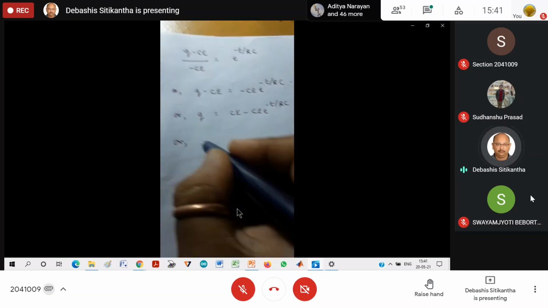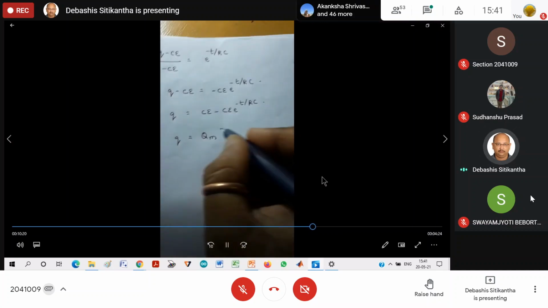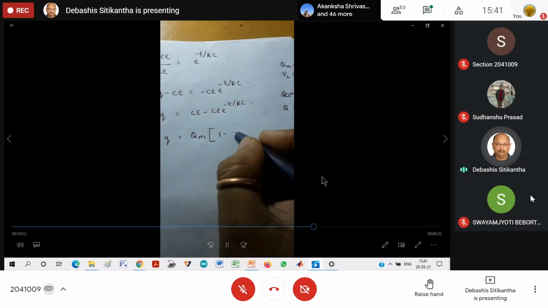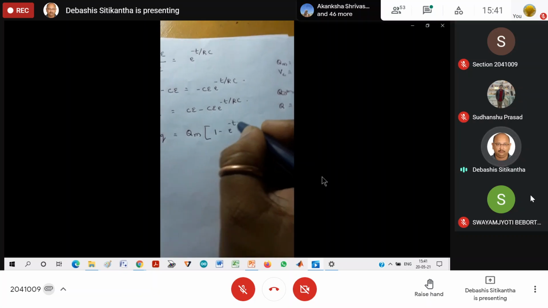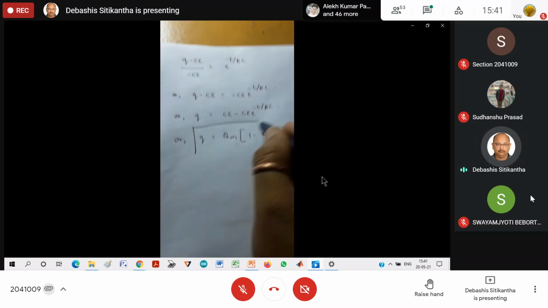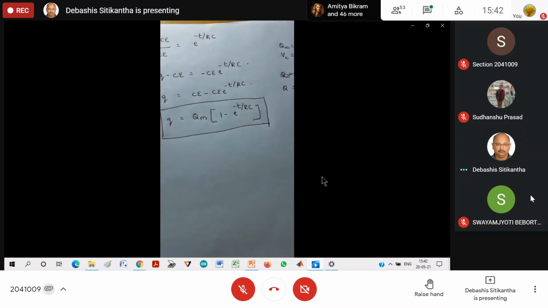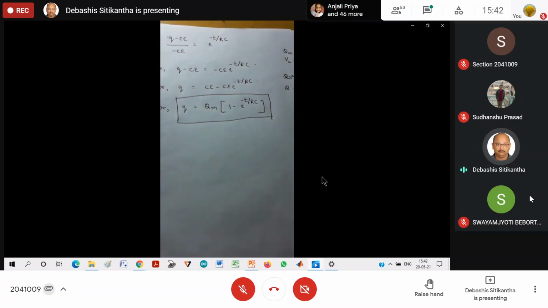So I'll replace this equation with Q is equal to Q max into (1 minus e to the power minus t by RC).